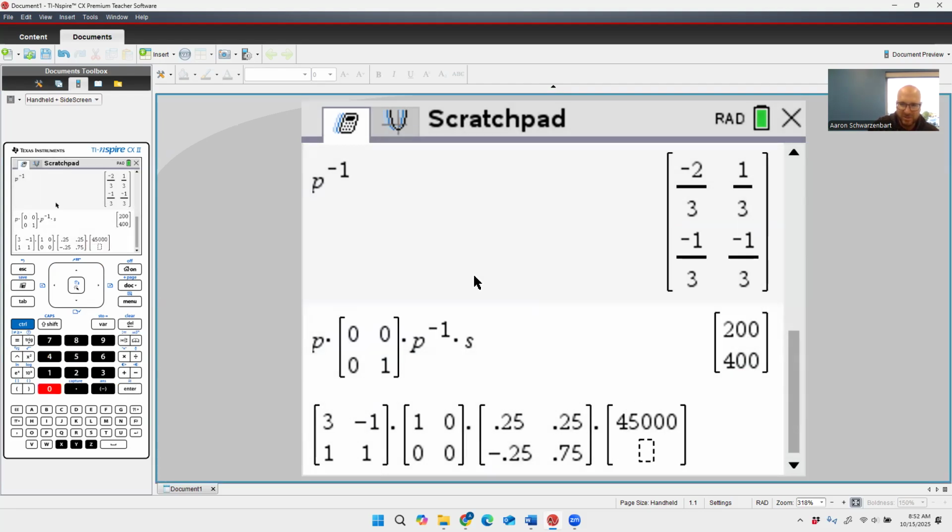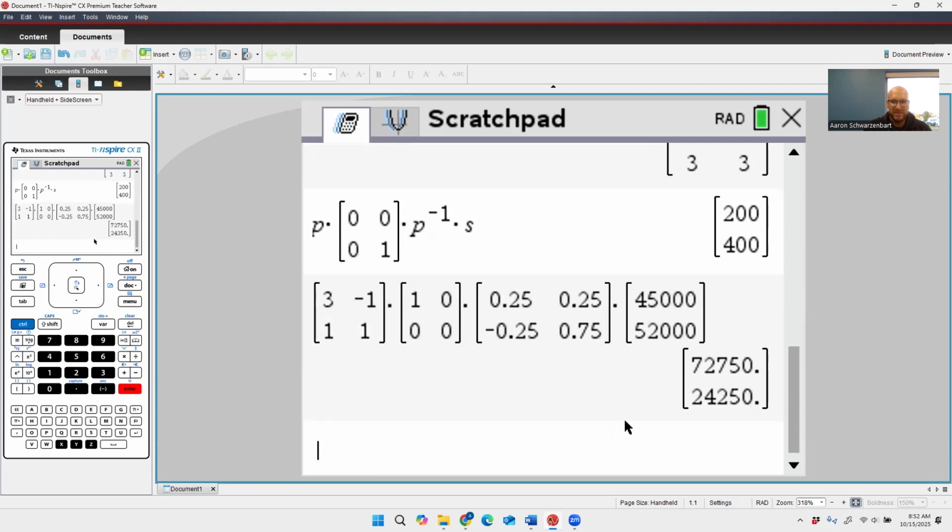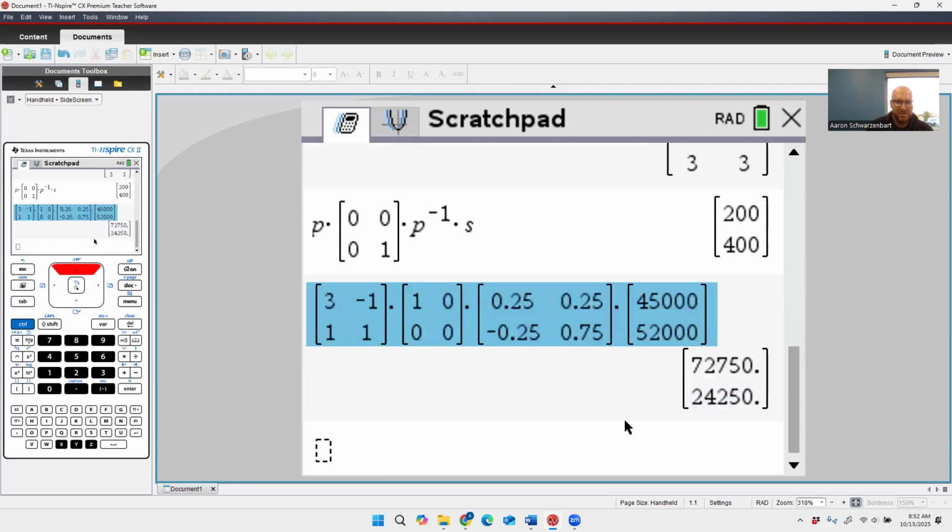It was important that I put them where I did. When I set it up, I should not have put the zeros. I don't know why I put the zeros. I had 45,000, 52,000, which I think might have still worked. Let's see if that would work.